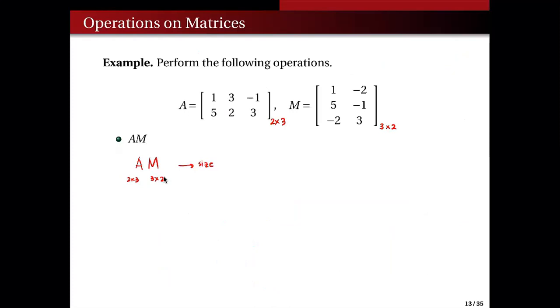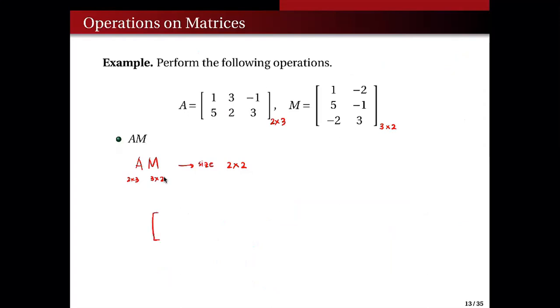So the product has size 2 by 2. So we expect a 2 by 2 matrix after multiplication.